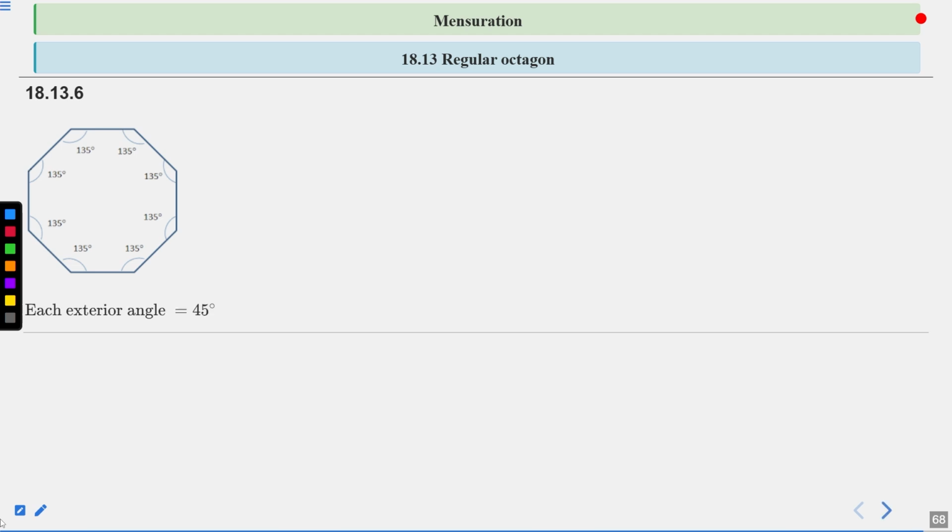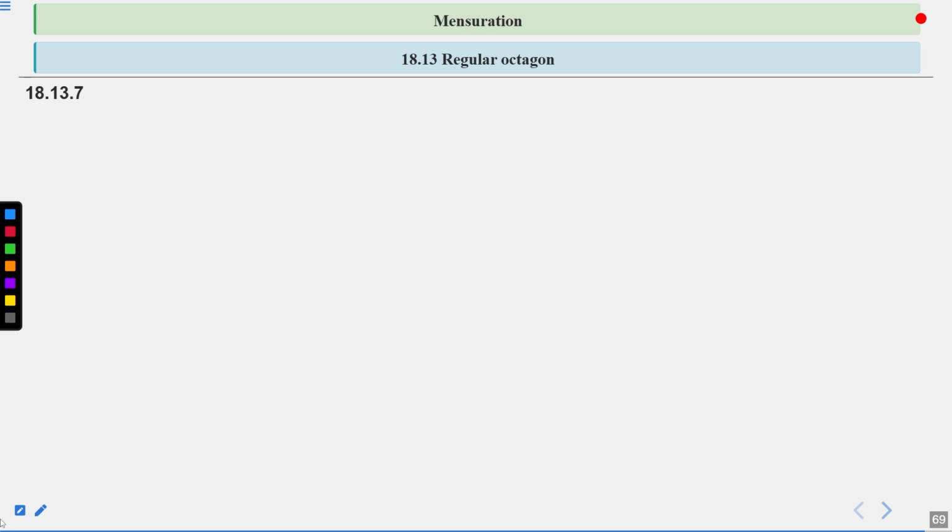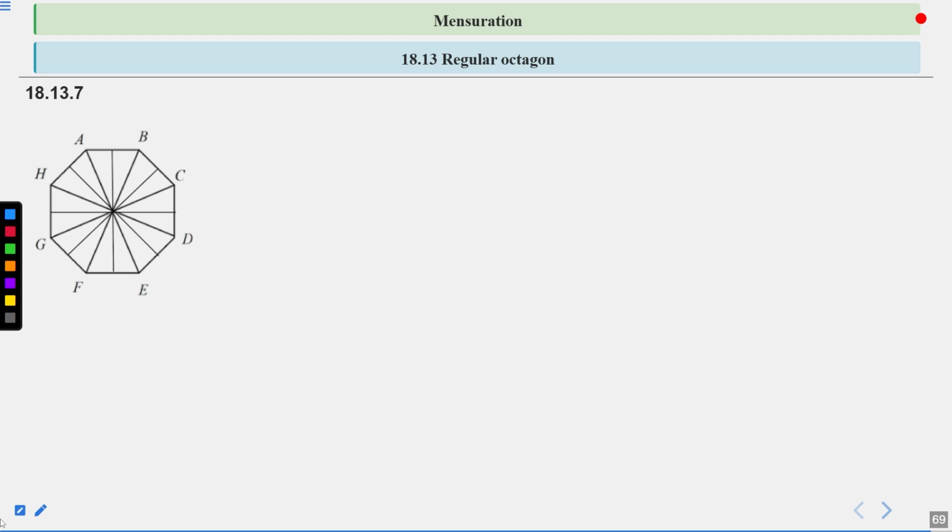Each exterior angle will become, because the sum of the interior and exterior angle is 180, 45 degrees. In regular octagon 18.13.7. So this is the diagram of a regular octagon and these are the diagonals. So the number of diagonals in a regular octagon is 20.